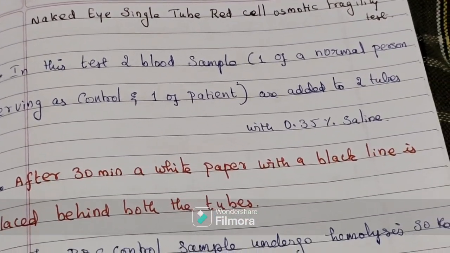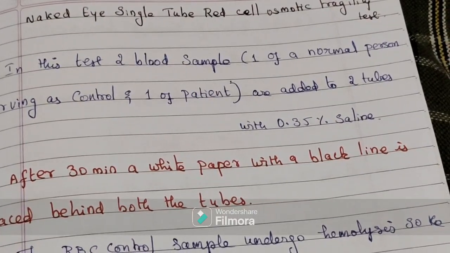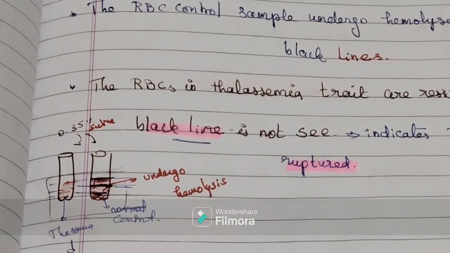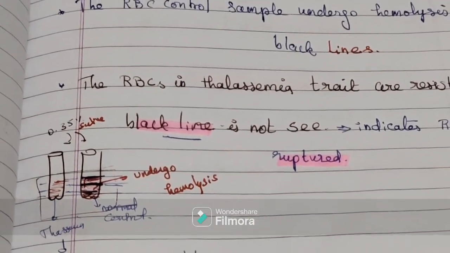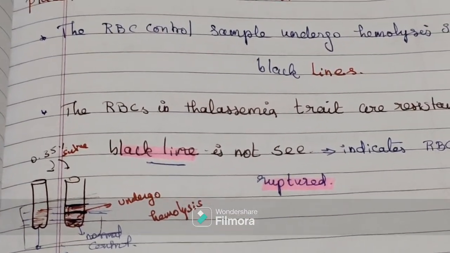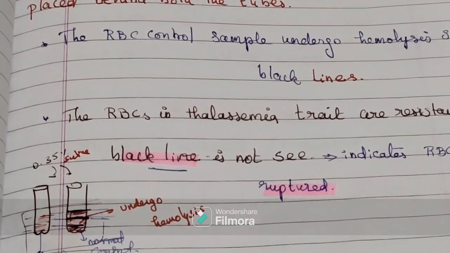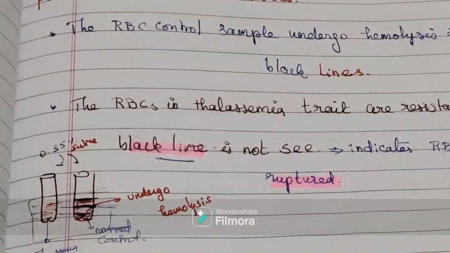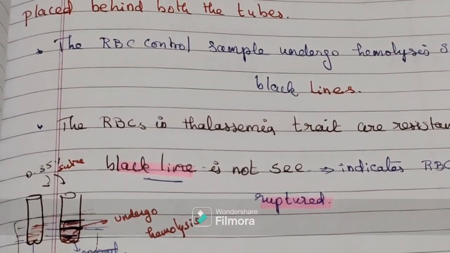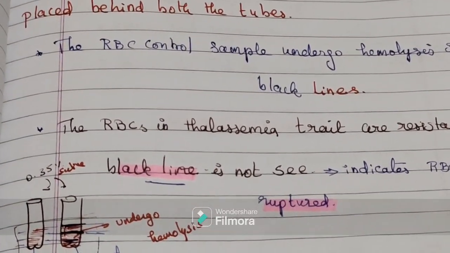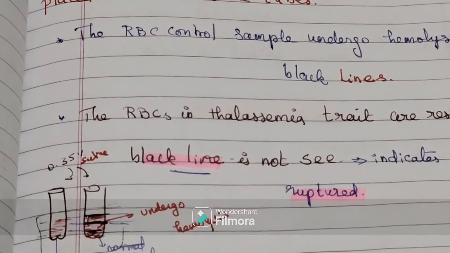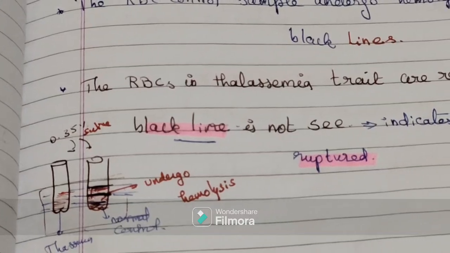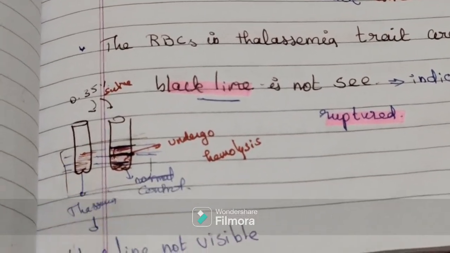So what we are supposed to do is take two test tubes. We take the blood of the thalassemia patient in one test tube, and we take a control, that means a normal individual's blood, not anemic, in the other. So one test tube is the control, another is thalassemic blood.